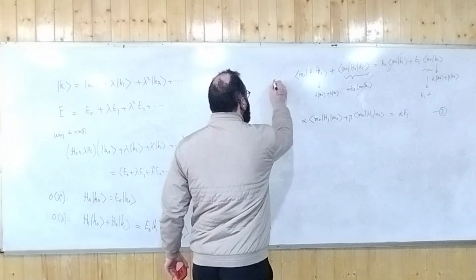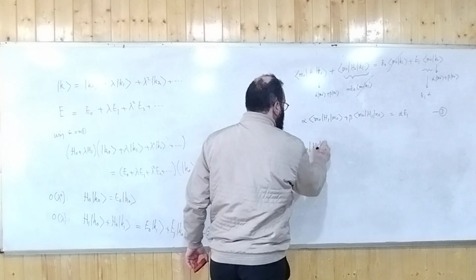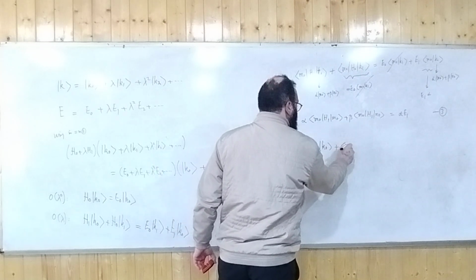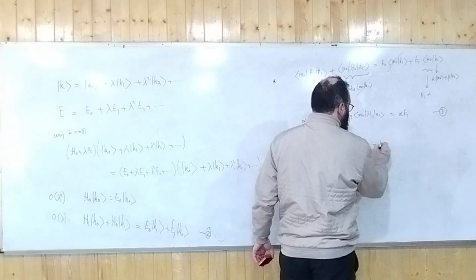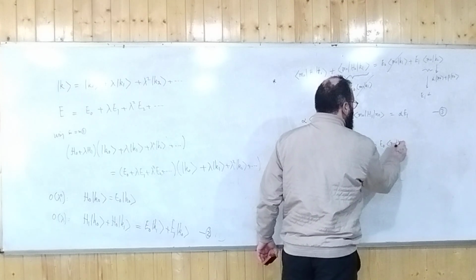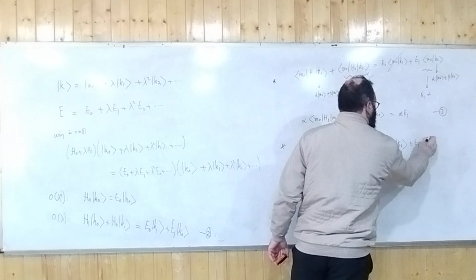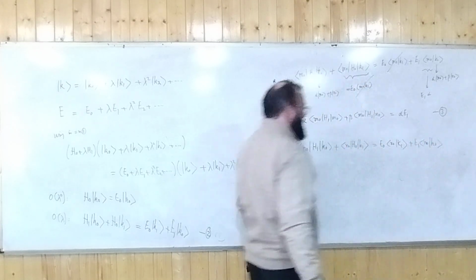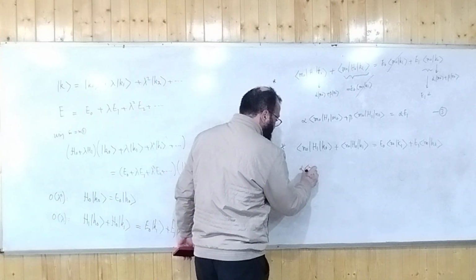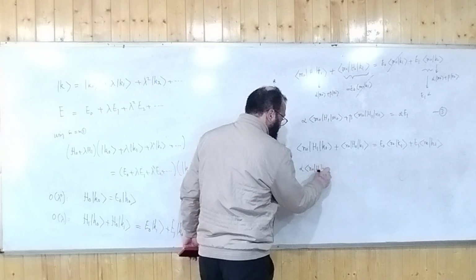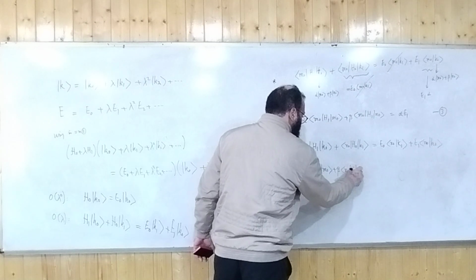So I am having now n0 H1 K0 plus n0 H0 K1, which is equal to E0 n0 K1 plus E1 n0. So from this equation I will get simply alpha n0 H1 m0 plus beta n0 H1 n0, clear?